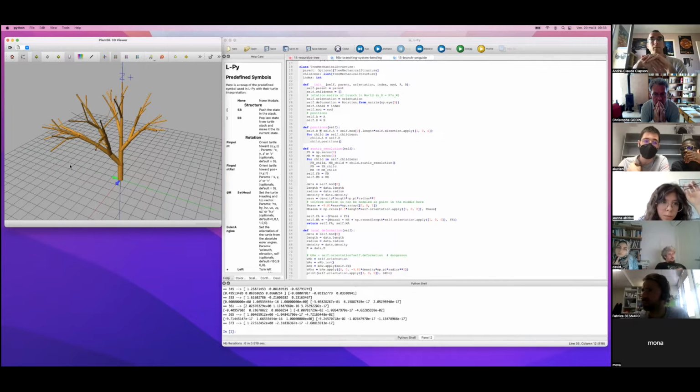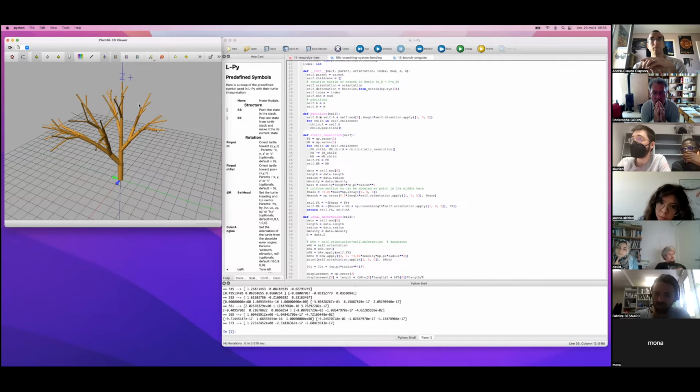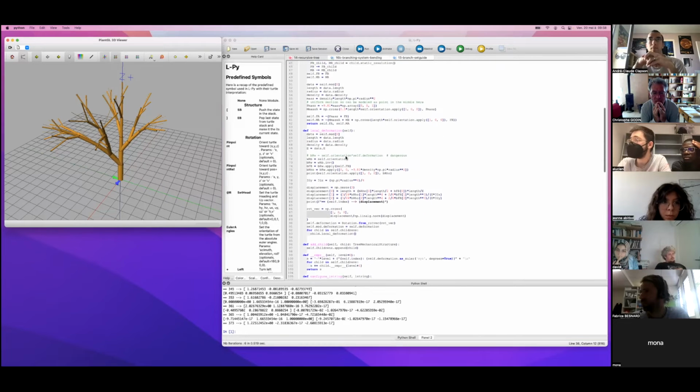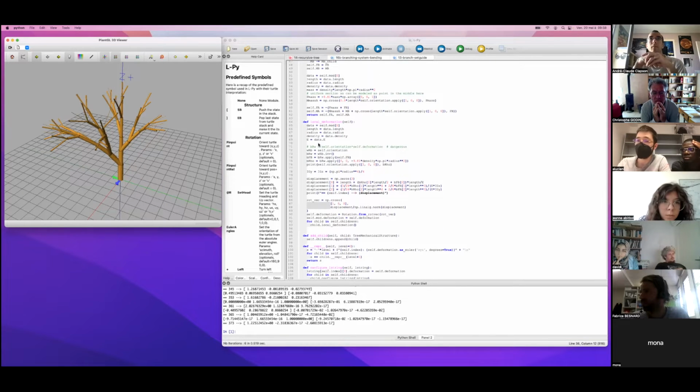Well, I won't go too much into detail, but it's from the top to the bottom, to the root, because the mass of each internode applies on the next. Okay. And then we can do the local deformation.